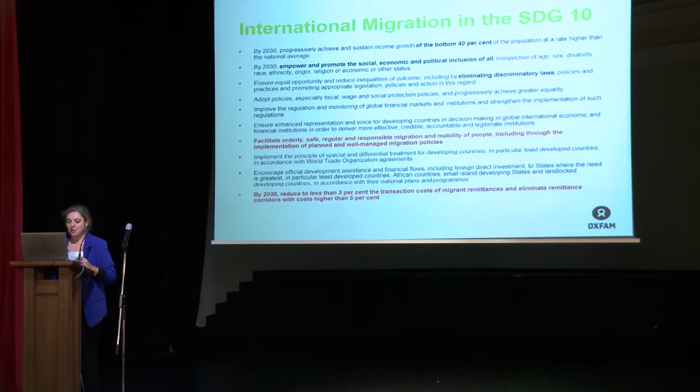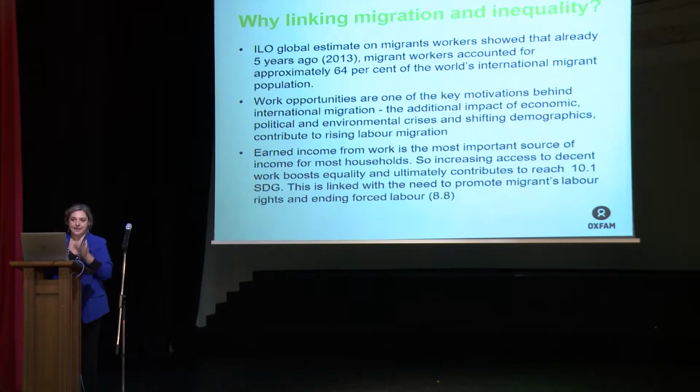So when we're talking about reaching target 10.1, we have to think that the people we are talking about, the bottom 40%, are also international migrants and are also people that are migrating.